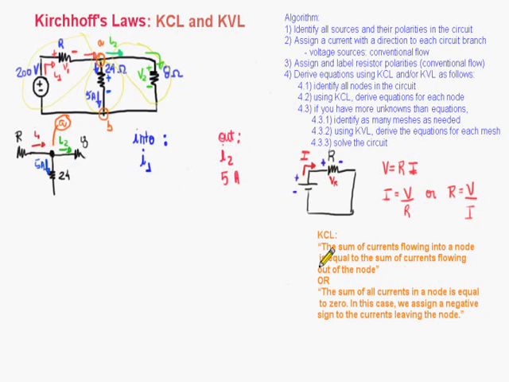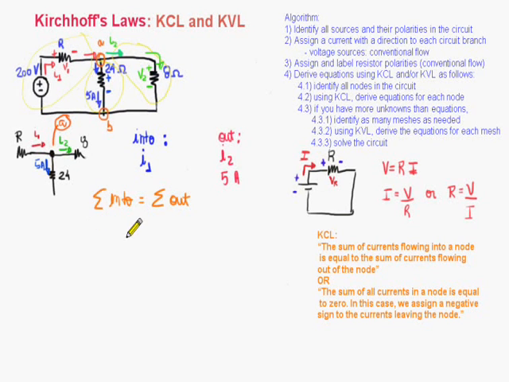And let's apply the first definition here. So let's change the color a little bit here. According to this definition, we say that the sum of currents flowing into the node, we have only 1 current, should be equal to the sum of currents out of the node.